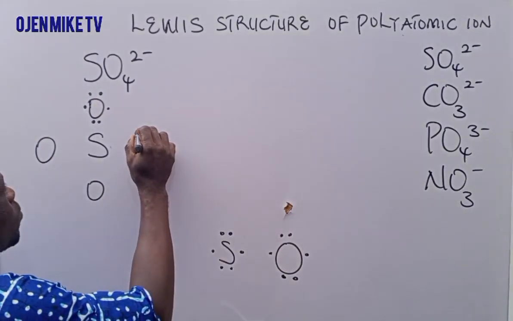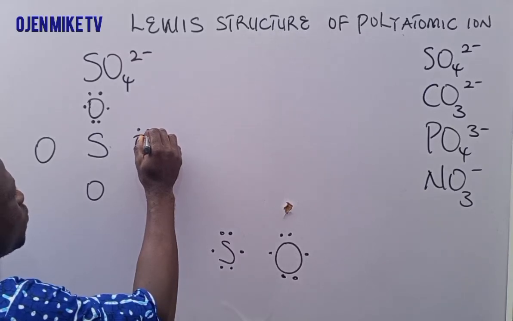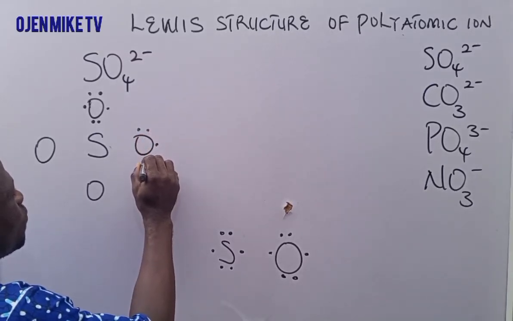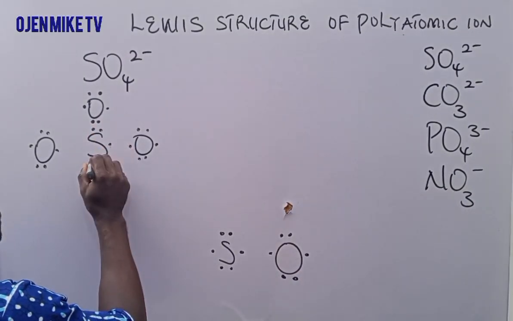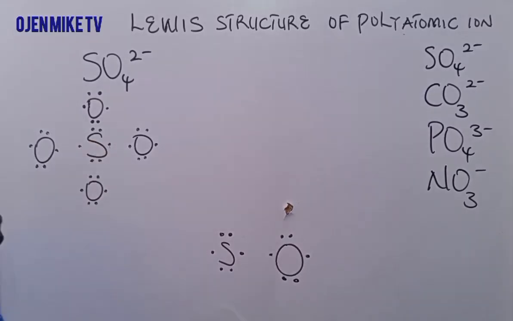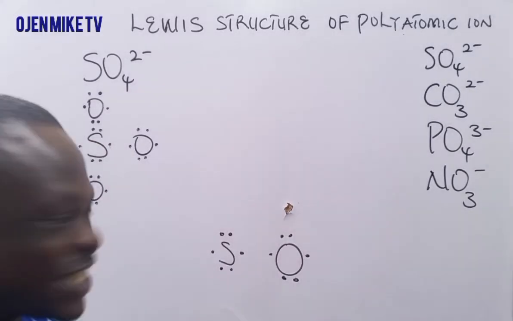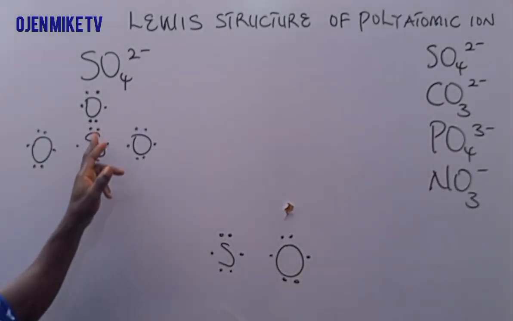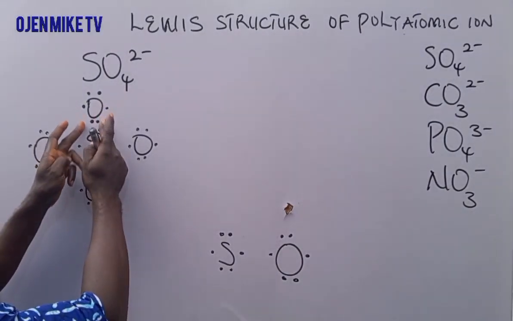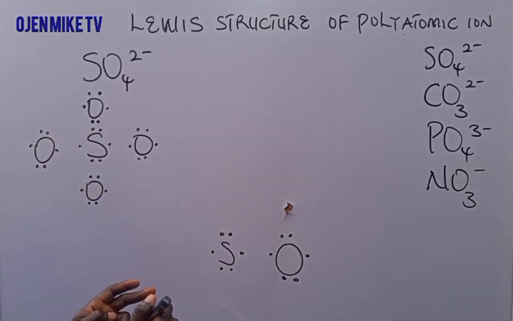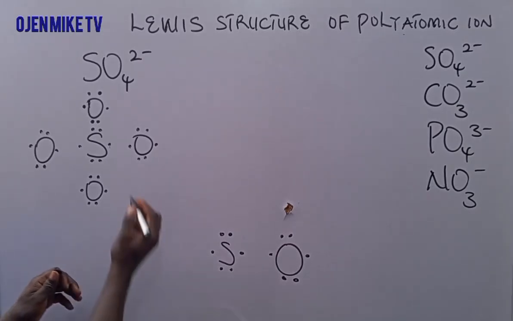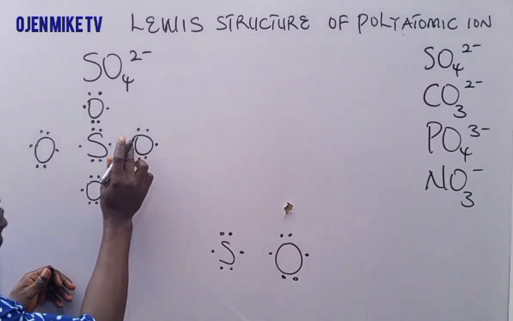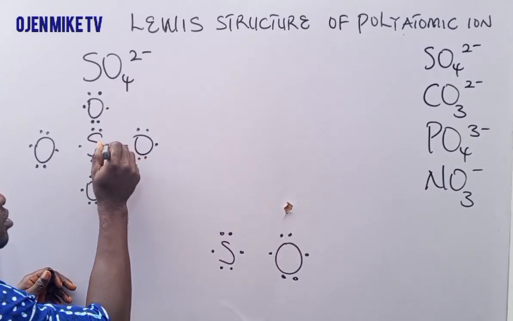This one has how many? 1 2 3 4 5 valence electrons. We have 1 2 3 4 5 6. Have you seen? Now this one that has 2 here, what will happen to it? This one and this one will pair to form a single bond.